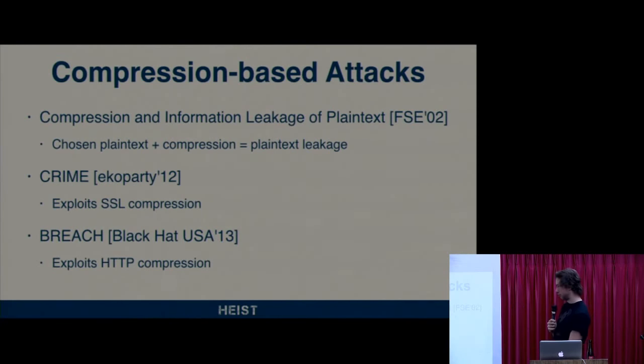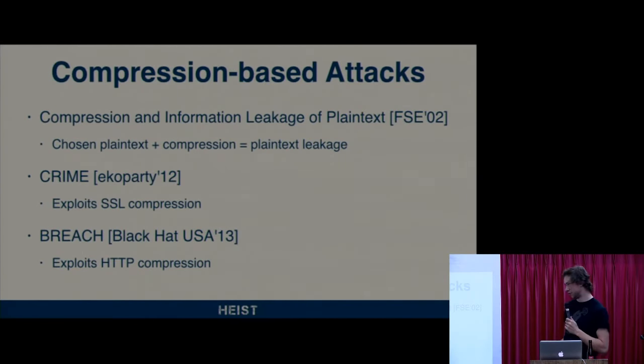So these kind of attacks have existed for quite some time already. The first occurrence that I found was from some academic conference held in 2002. And they basically said that when we have a chosen plain text with some secret information and that resource is compressed, then we can leak information about the plain text.